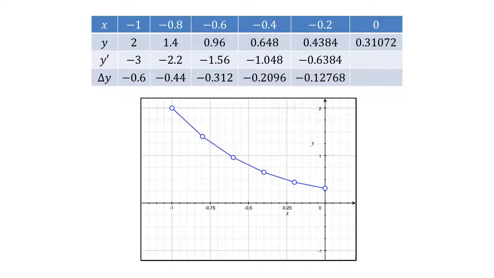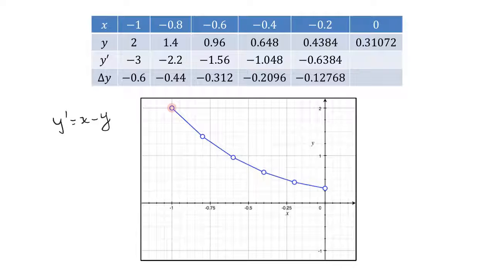And so this table of values gives us an inkling of what's taking place. We start here at -1. When x is -1, y is 2. We calculate our slope using the formula y prime equals x minus y.